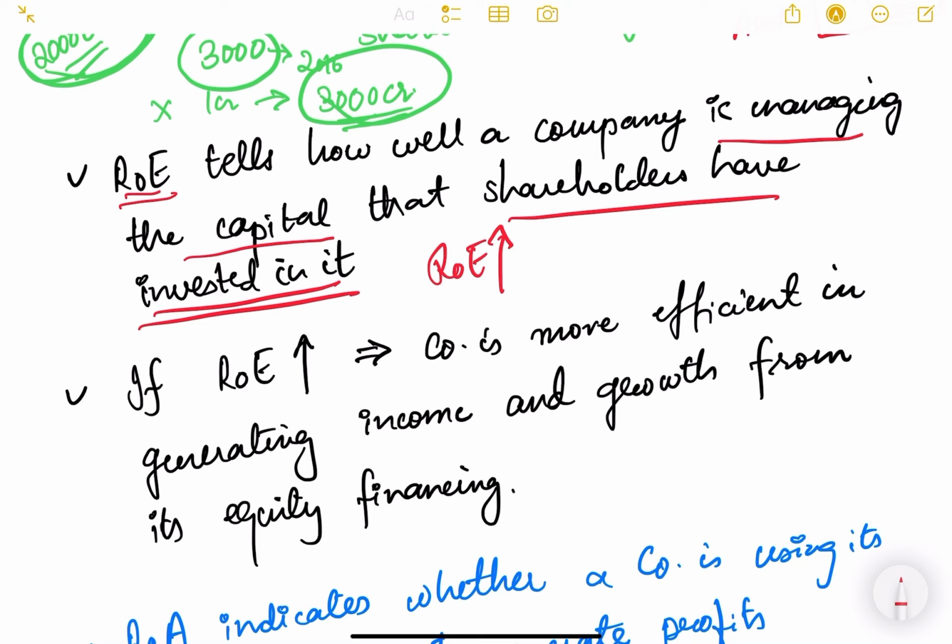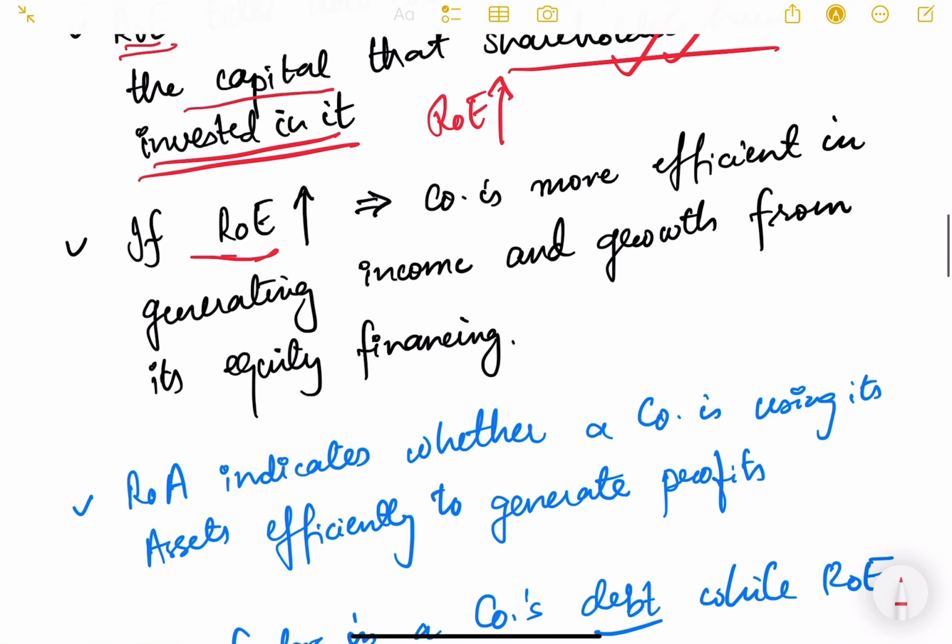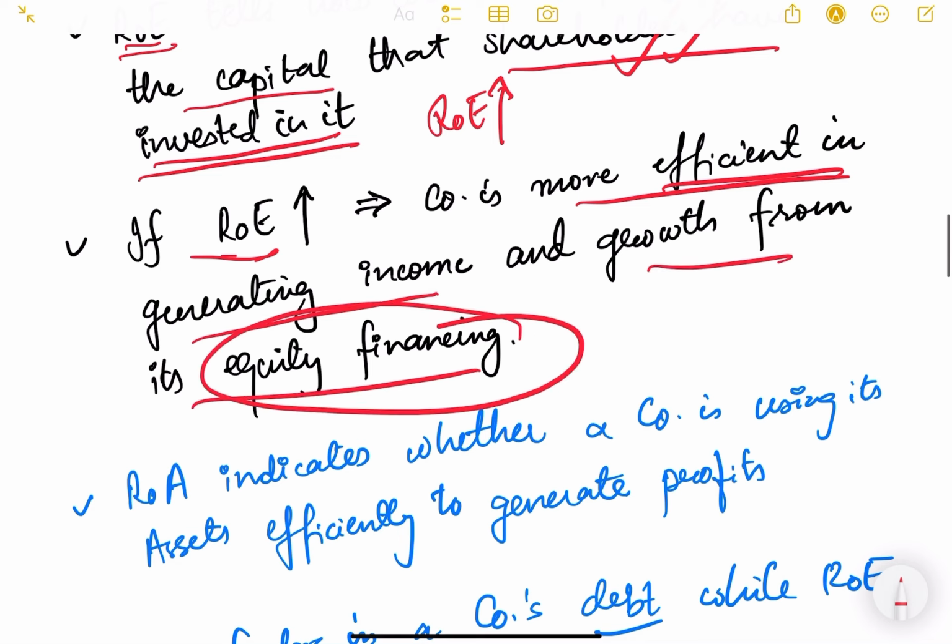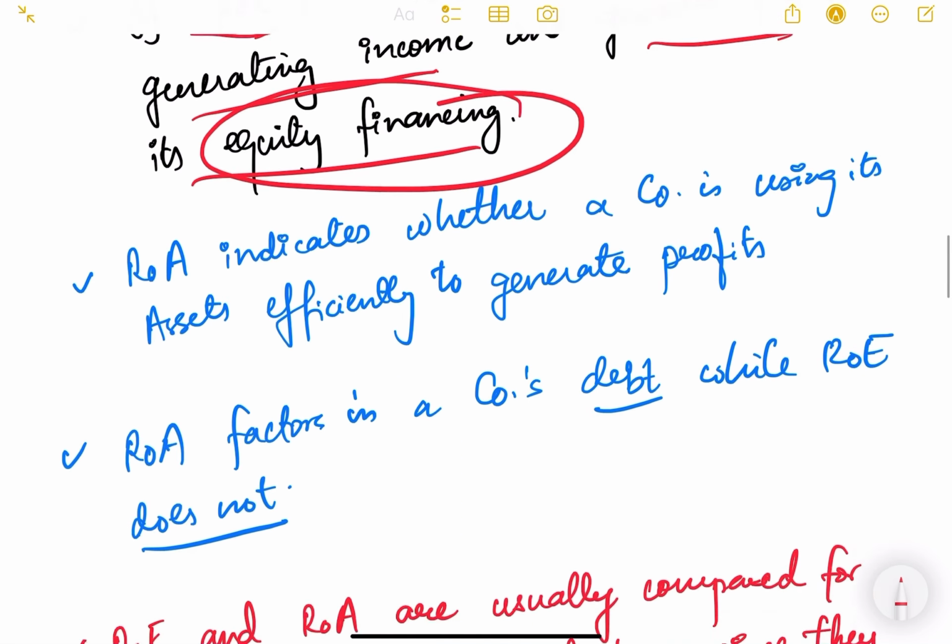So it is generating more income for the owners of the company, for the shareholders. If ROE is high, the company is more efficient in generating income and growth from the equity financing.